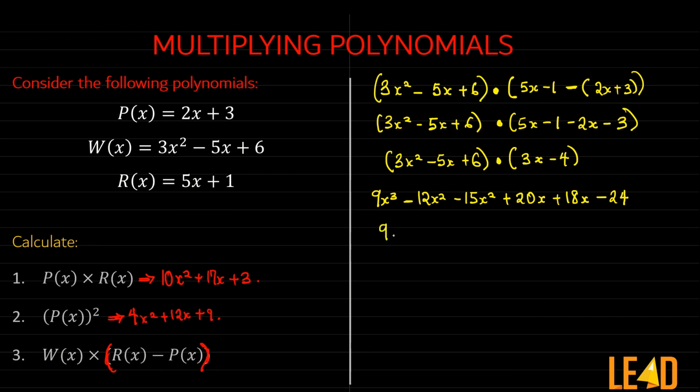We just have 9x cubed minus 27x squared plus 38x minus 24. Okay, so that's it. So this gives 9x cubed minus 27x squared plus 38x minus 24. All right.